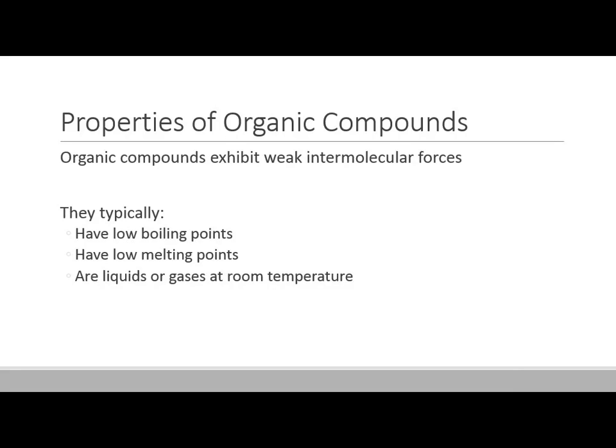But that means that overall, organic compounds will have low melting points and low boiling points. Many of them are liquids or gases at room temperature, and of course there are exceptions to this, but generally they are larger molecules with a lot of heteroatoms in there. But a lot of basic things, like gasoline, is an organic compound, right? And it has a low melting and boiling point. It's a liquid at room temperature.